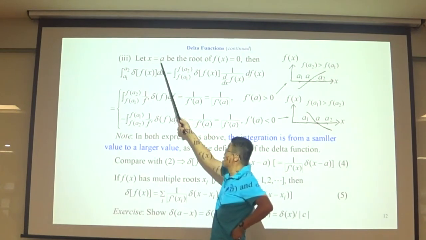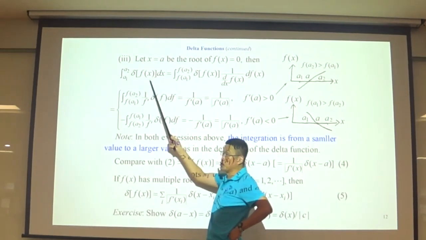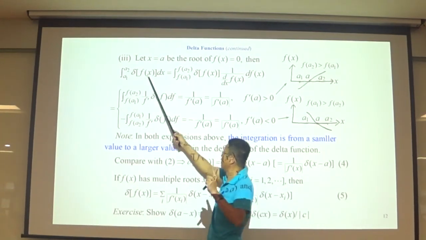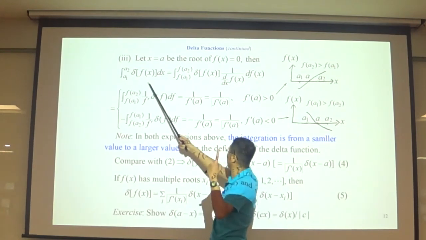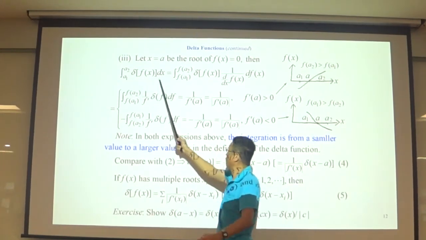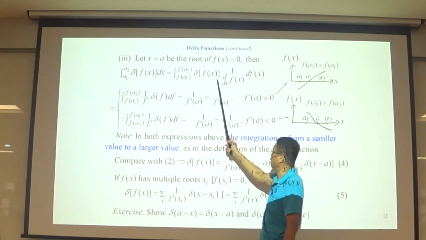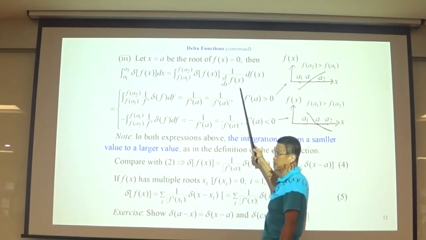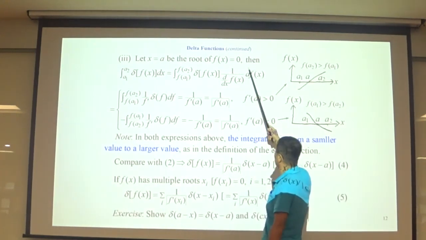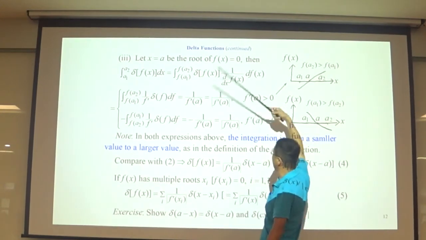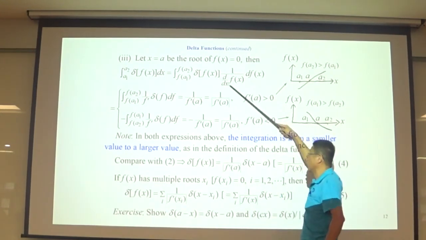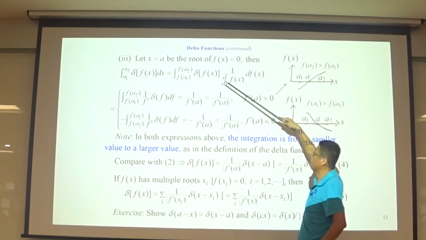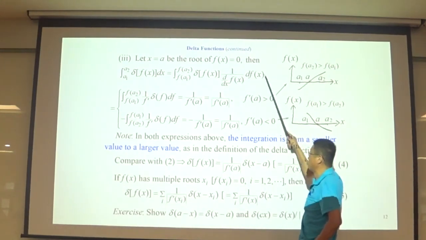So when x equals a, this is 0. The delta function is 1 there, and after integration gives us 1. But you can rewrite this one into this one times this one, something like the chain rule. df and dx from the denominator becomes numerator.